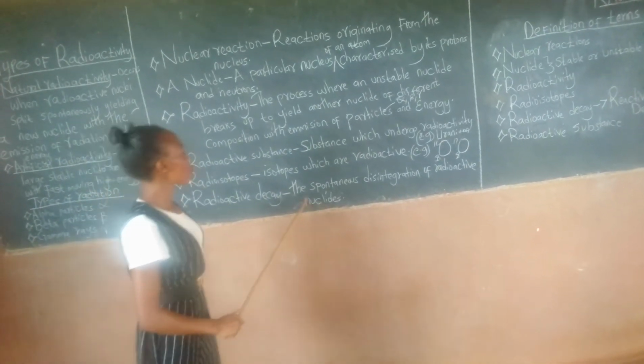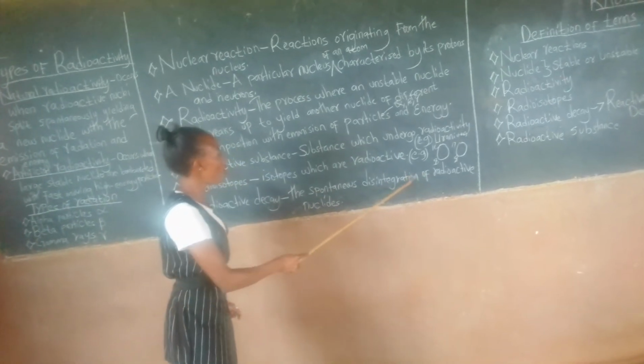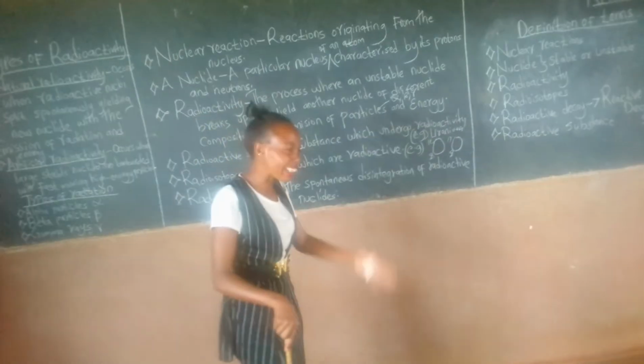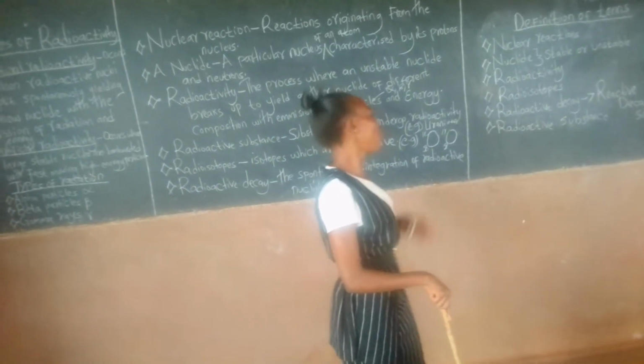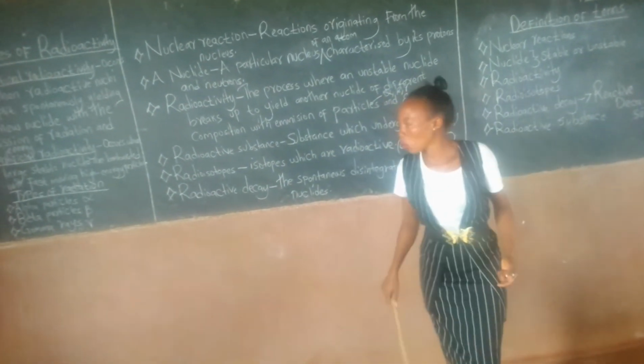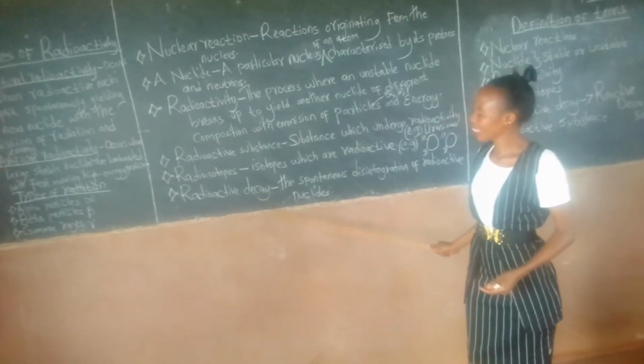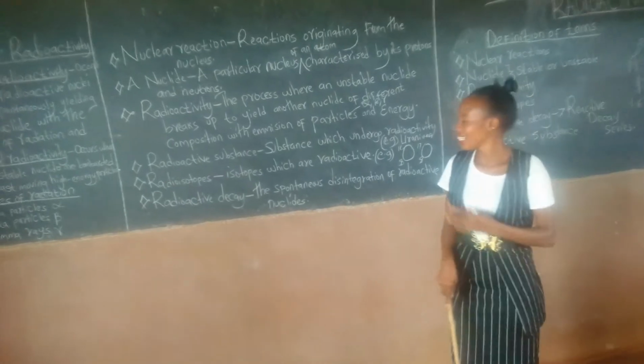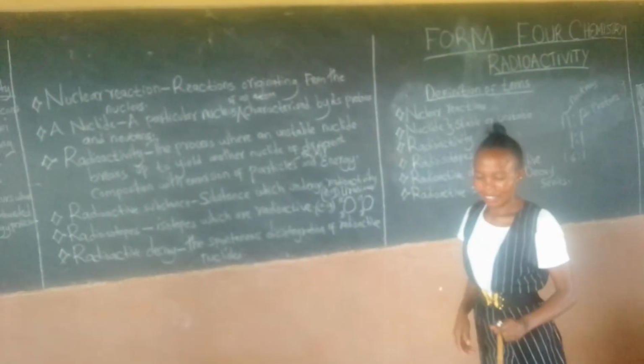So this is the spontaneous disintegration of a radioactive nuclide. The spontaneous disintegration of a radioactive nuclide is what we refer to as radioactive decay.